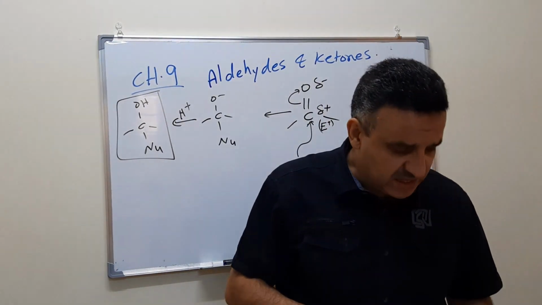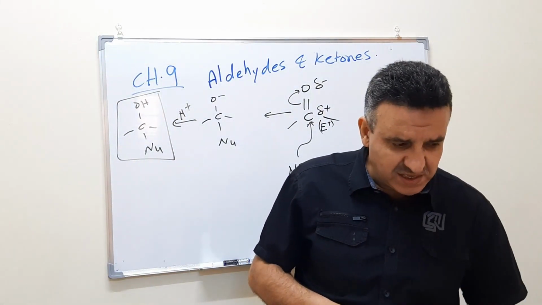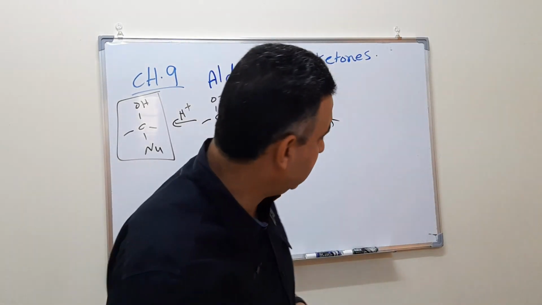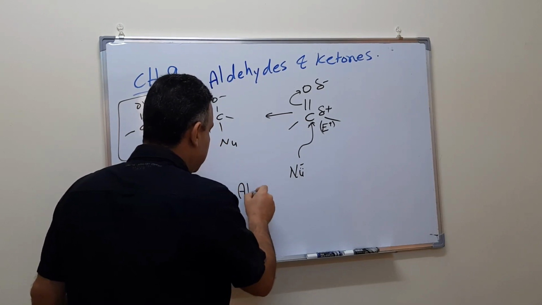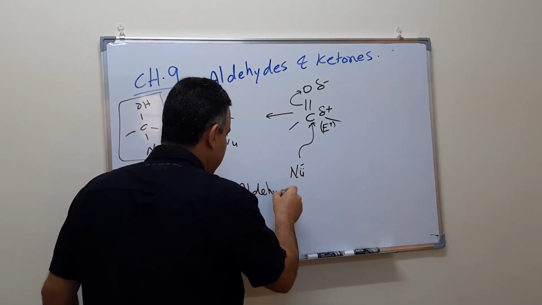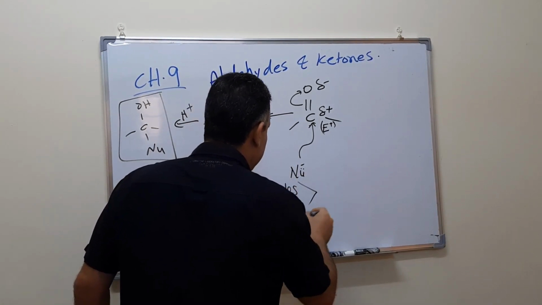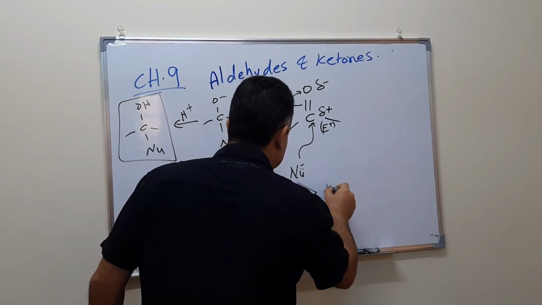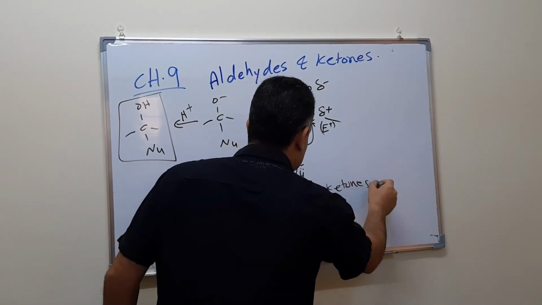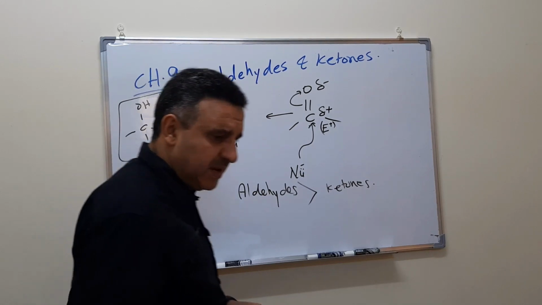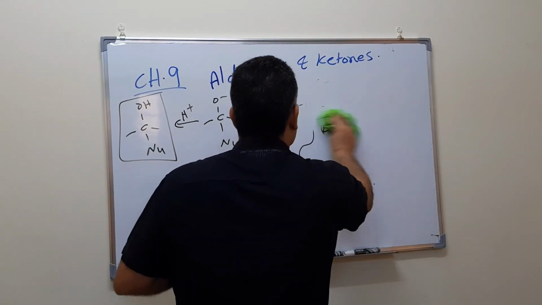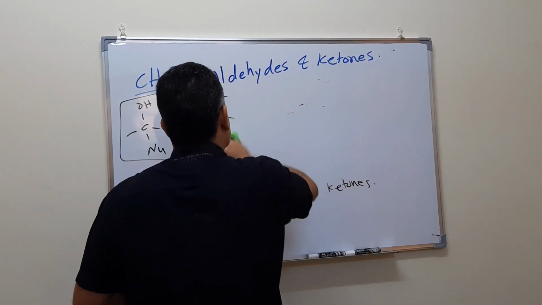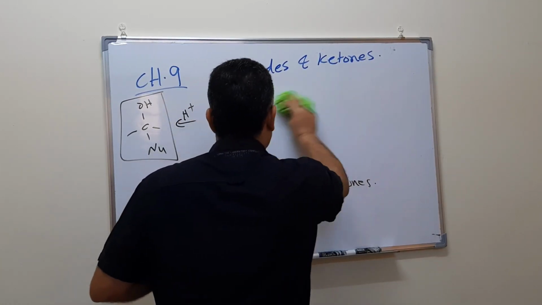Now, when we compare the reactivity of aldehydes and ketones, as you have in the slide, generally speaking, aldehydes react toward this type of reaction much faster compared to ketones. This is due to two reasons actually.